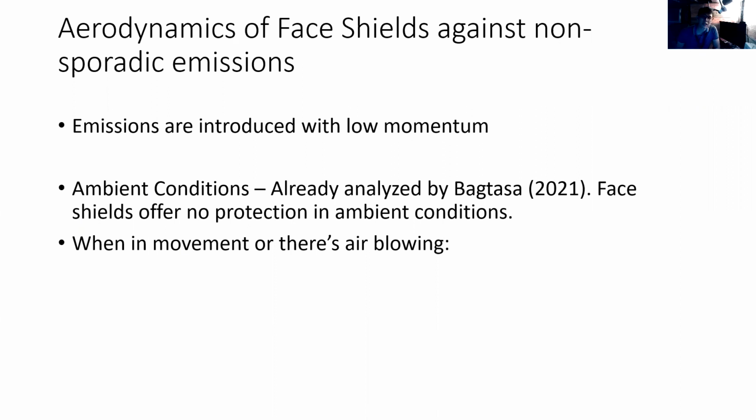We now move on to non-sporadic emissions, which were not previously considered. The moment you wear a face mask, surgical mask, or N95 mask, you're already eliminating the chances of sporadic emissions being directly introduced into the air.